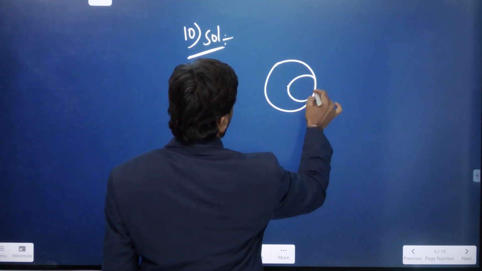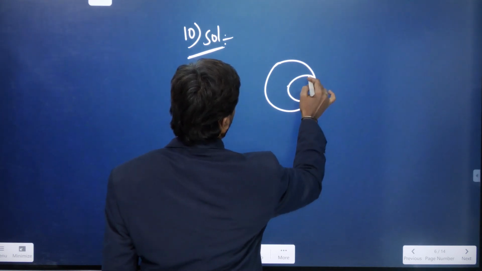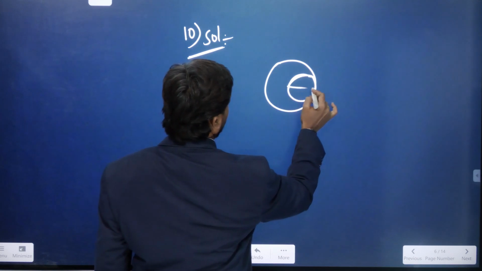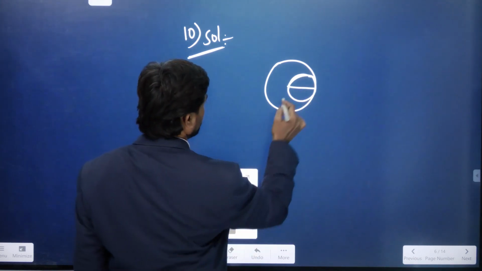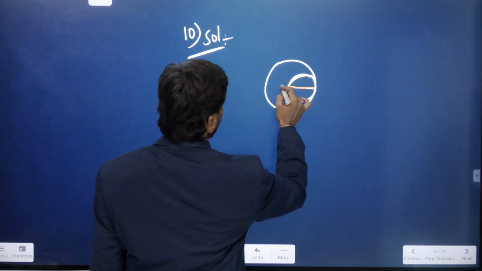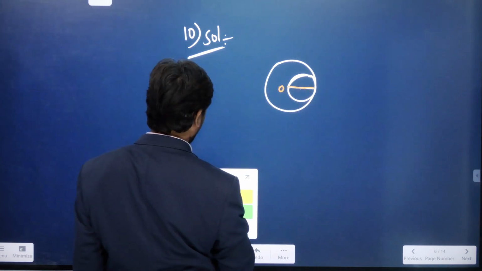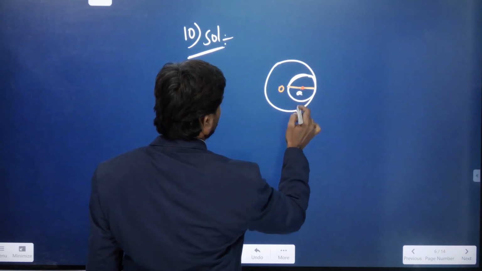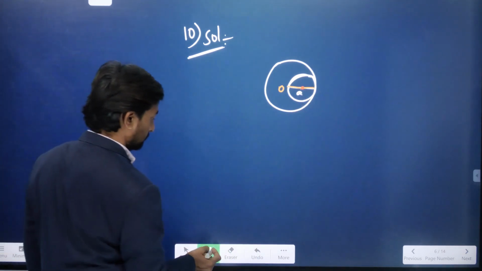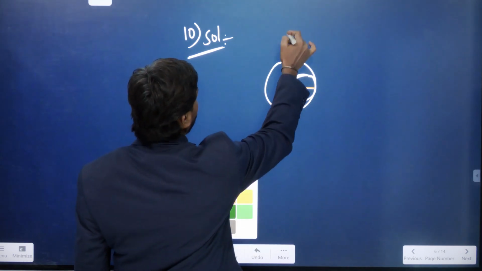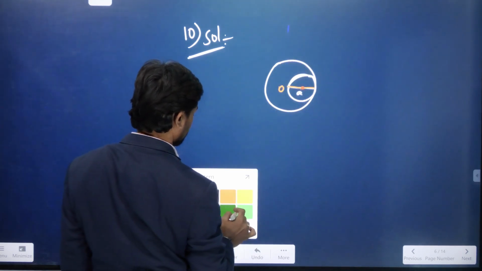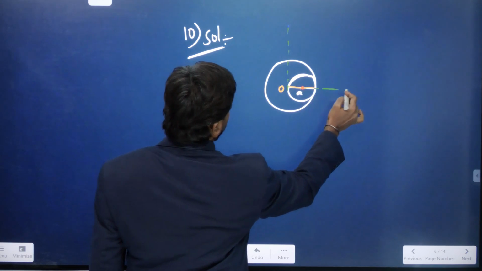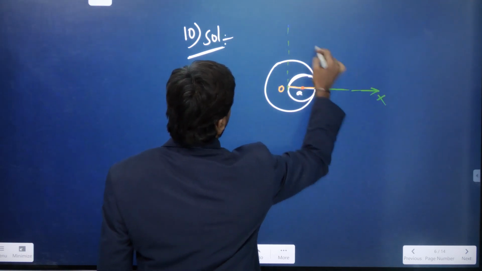Again here one more circle, this is a circle of radius, the radius of this circle, here the center O. Now this is A, for the bigger one, and it is on the x-axis. This is the x-axis and this will be the y-axis.